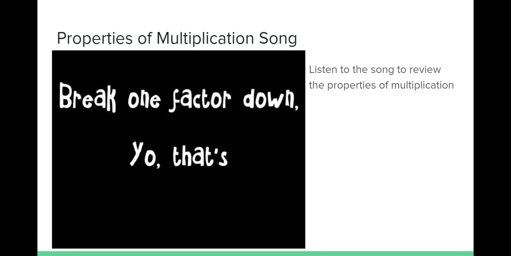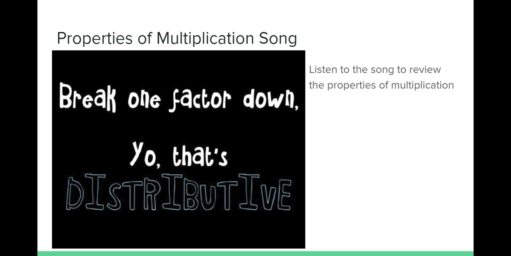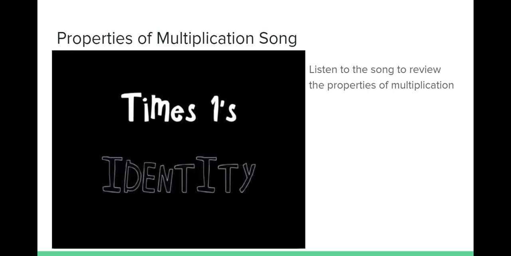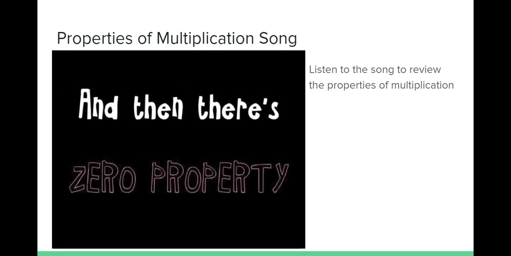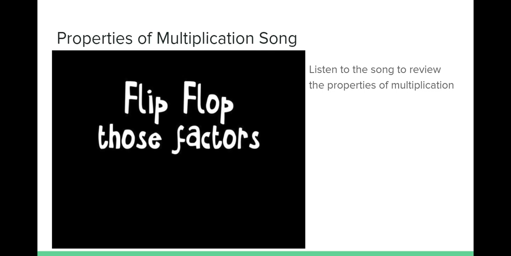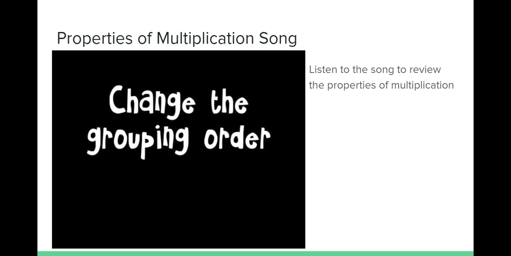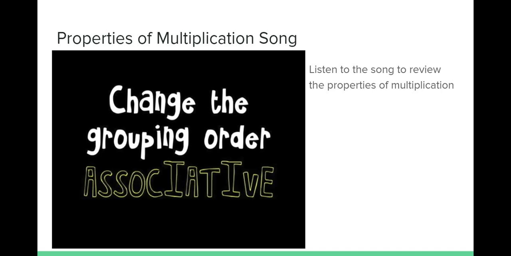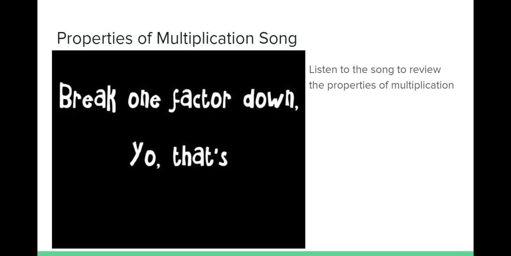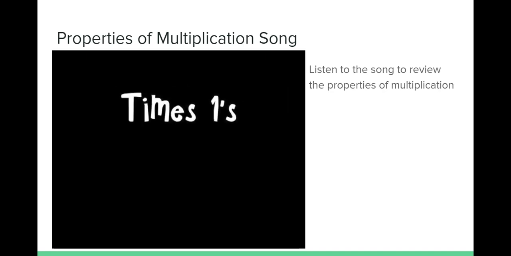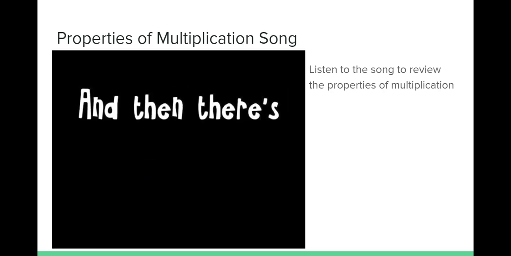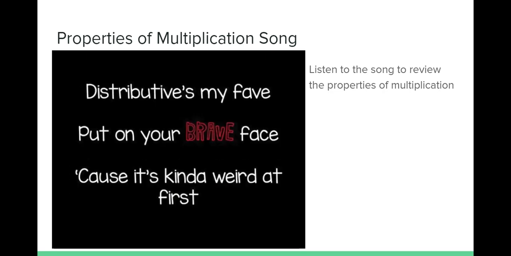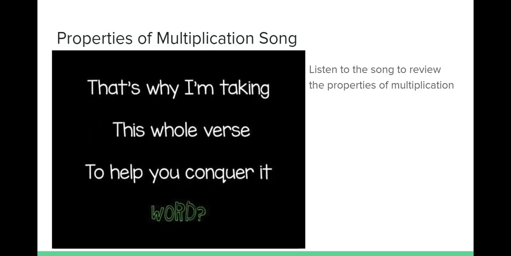Break one factor down, that's distributive. Times one's identity, and then there's zero property. Distributive's my fave, put on your brave face, cause it's kinda weird at first. That's why I'm taking this whole verse to help you conquer it.